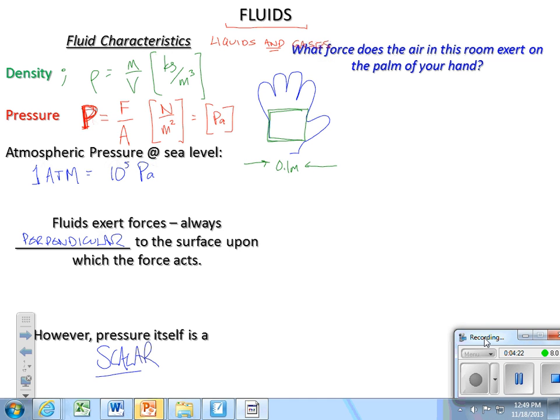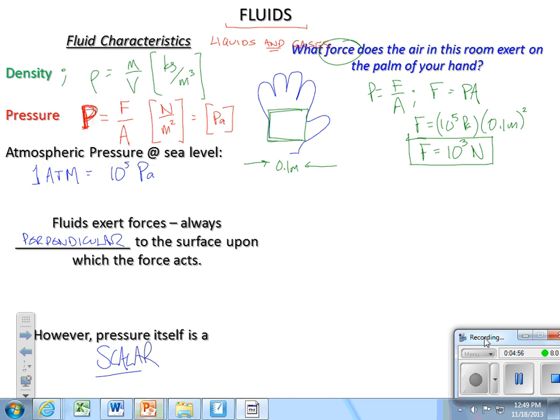So if we want the force that air exerts on my palm, I'm going to use that pressure is force per unit area, and therefore force is pressure times area. The pressure of the air is 10 to the 5th pascals, and the area is 0.1 meters squared, which gives me a force of 10 to the 3rd newtons.